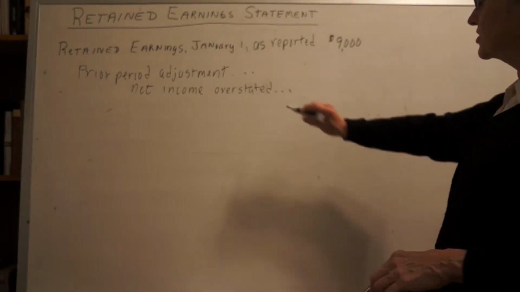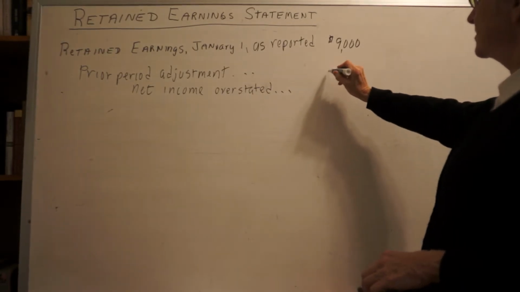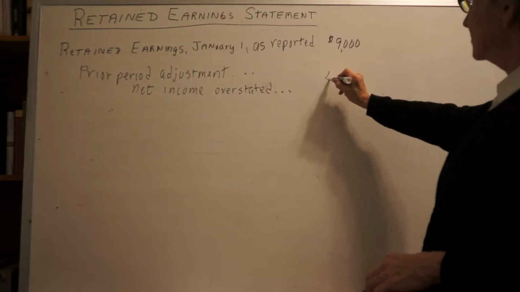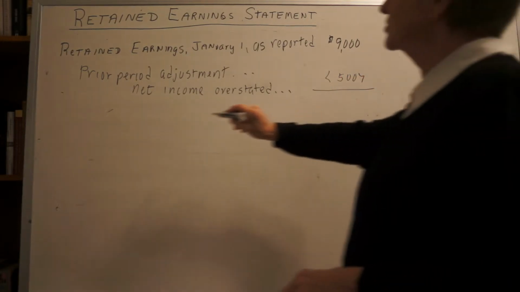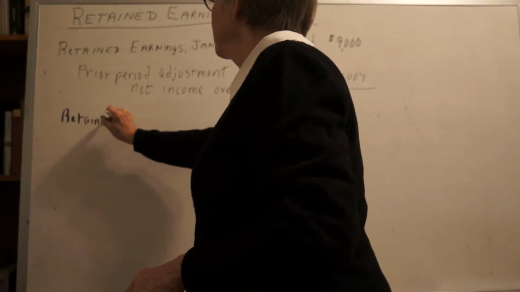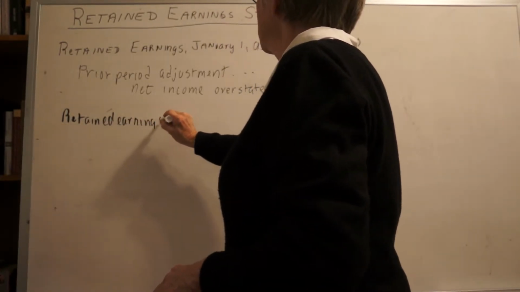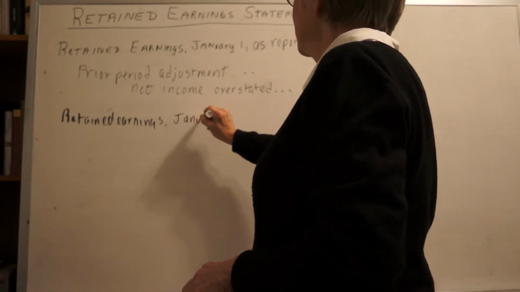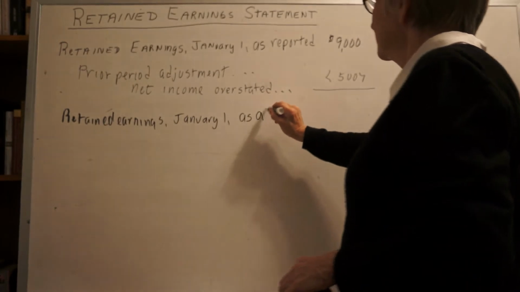Okay, so if net income last year was overstated, that means that we have to adjust down. So we might make a $500 adjustment down, and then we would say retained earnings, and it's still the beginning balance, January 1, but as adjusted.